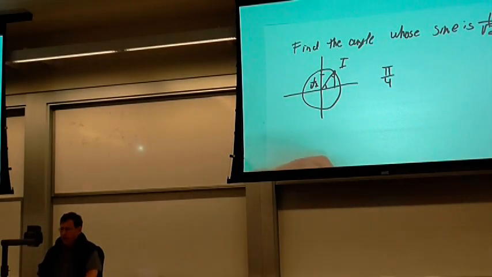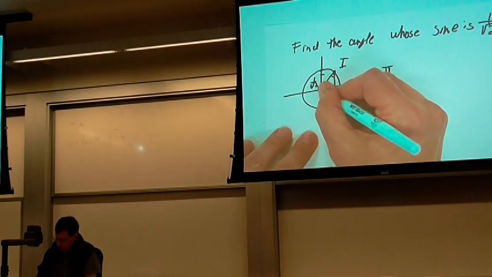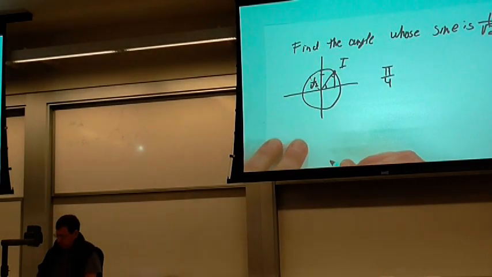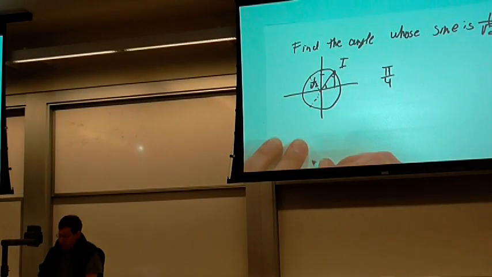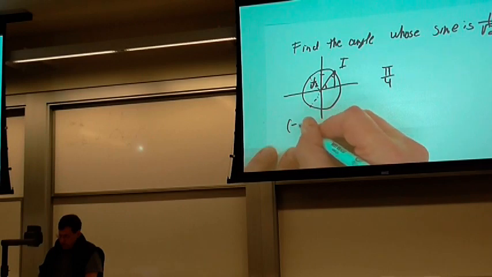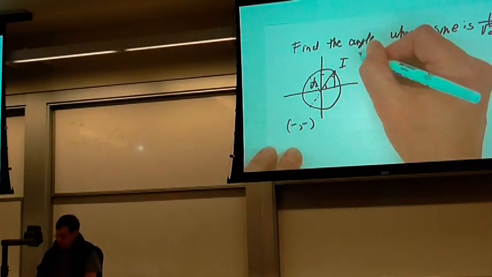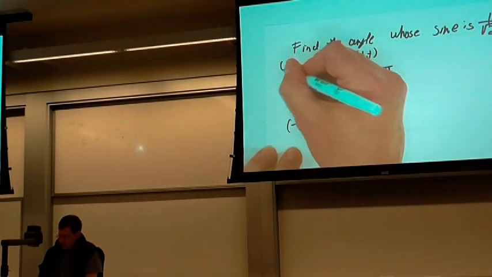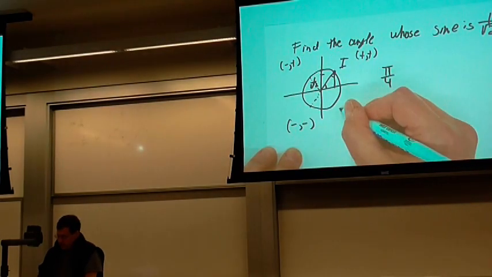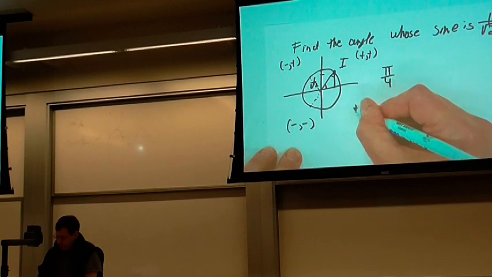Where else is the sine positive? 225? Sorry, 225 is going to be down here, that's going to be negative, negative. This is positive, positive, negative, positive, and positive, negative.